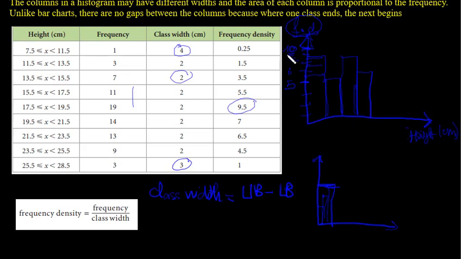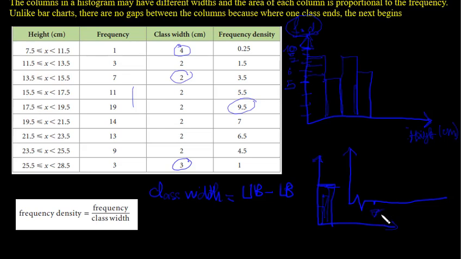Because our data range from 7.5, it doesn't start from 0, but the axis actually starts from 0. So in order not to waste the area that we want to use, we use this symbol here, and then we start with our 7.5 here.